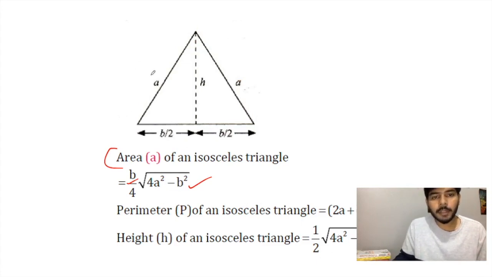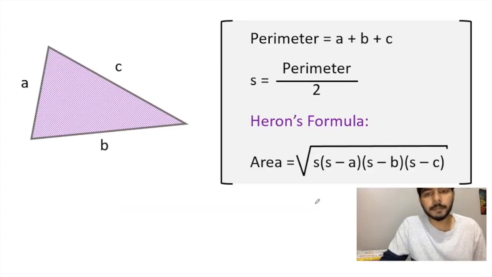If you are aware that this side is, for example, 2, and the base B value is 8, you can directly write it here, and you can find the height and the area also. Now you can find the perimeter also. Perimeter is the sum of all lengths. You can write A plus A plus B, that is 2A plus B, which will be the perimeter. Hope you guys are connecting this.